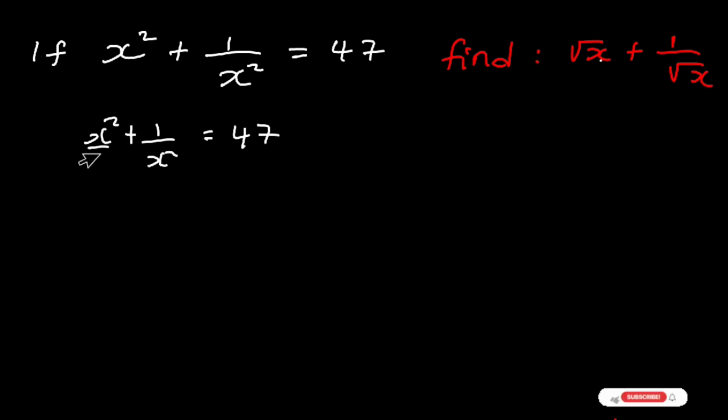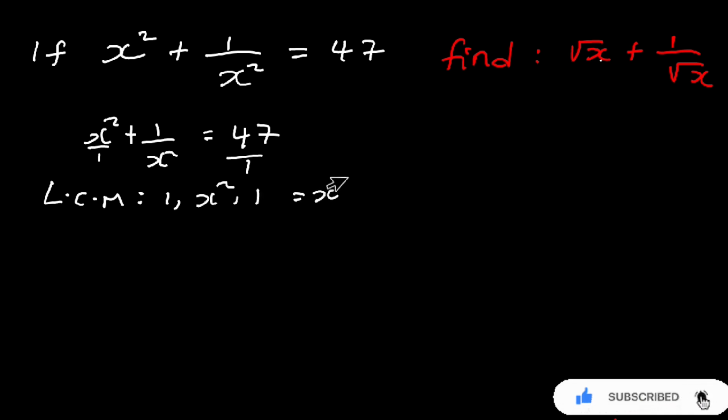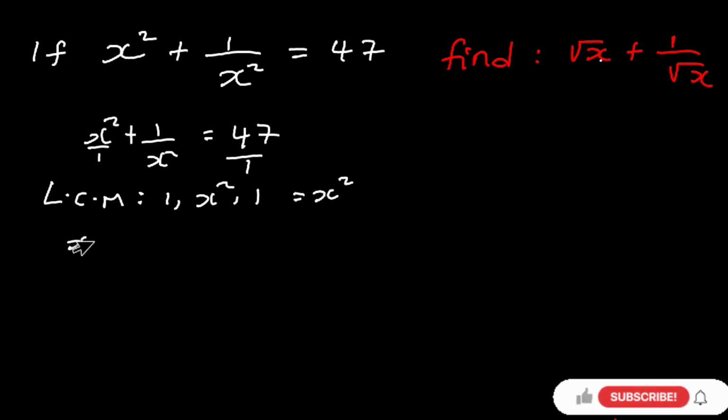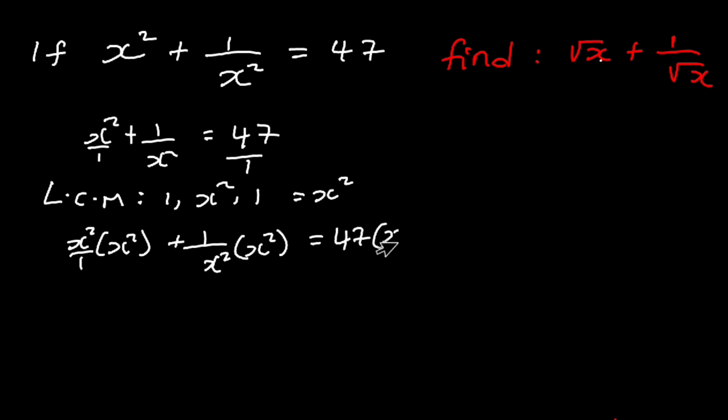Remember, this is over 1 and then this is over 1. Now the LCM of 1, x squared and 1 is equal to x squared. So I'm going to multiply each term of this equation with the LCM, which is x squared. So I'm going to have x squared over 1 multiplied by x squared, plus 1 over x squared multiplied by x squared, equal to 47 multiplied by x squared.